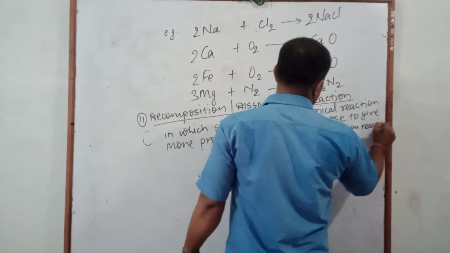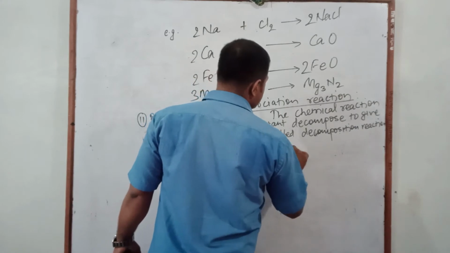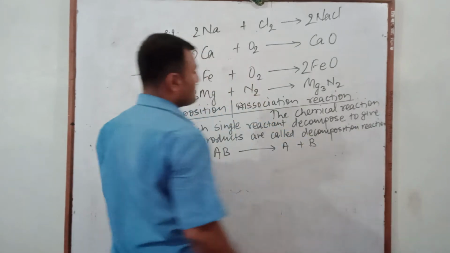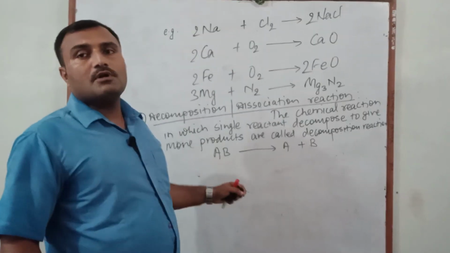And here suppose we consider AB is the reactant that gives A plus B, just the opposite of combination.